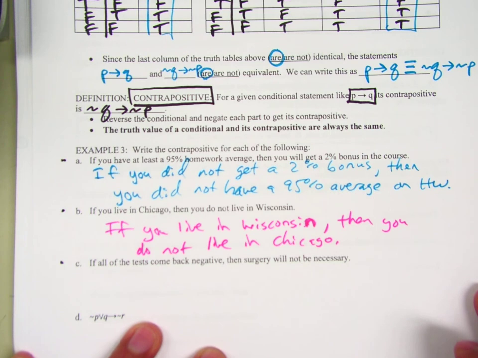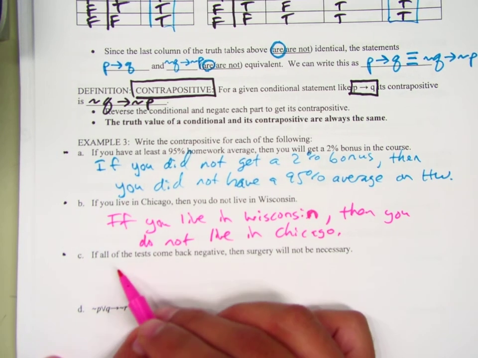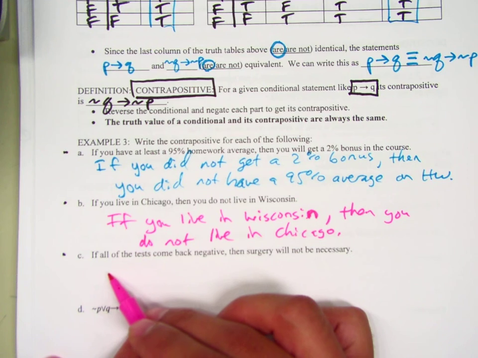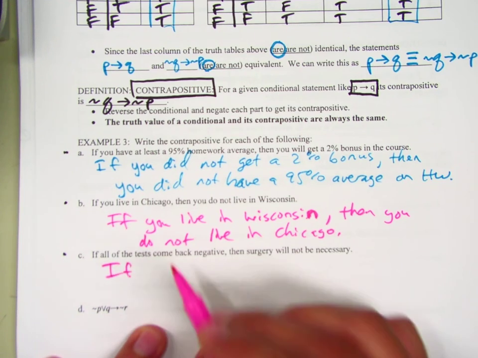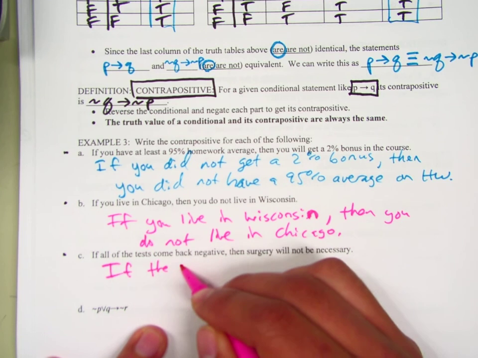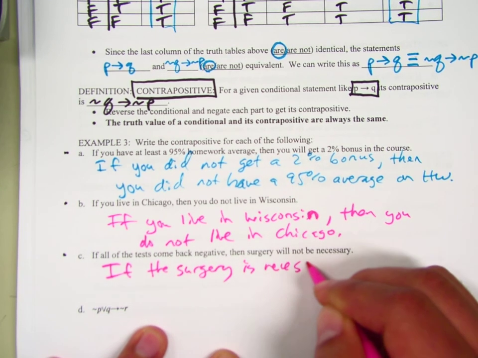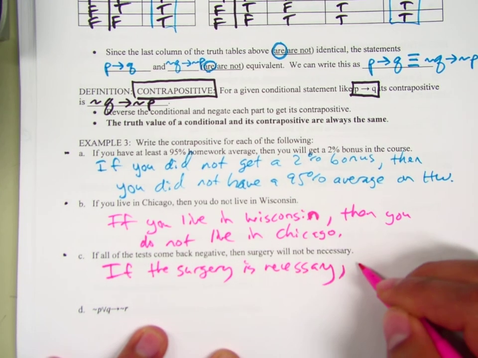Andy, what about C? So it's like flip, so it's like surgery would be necessary. So if the surgery is necessary, then what?